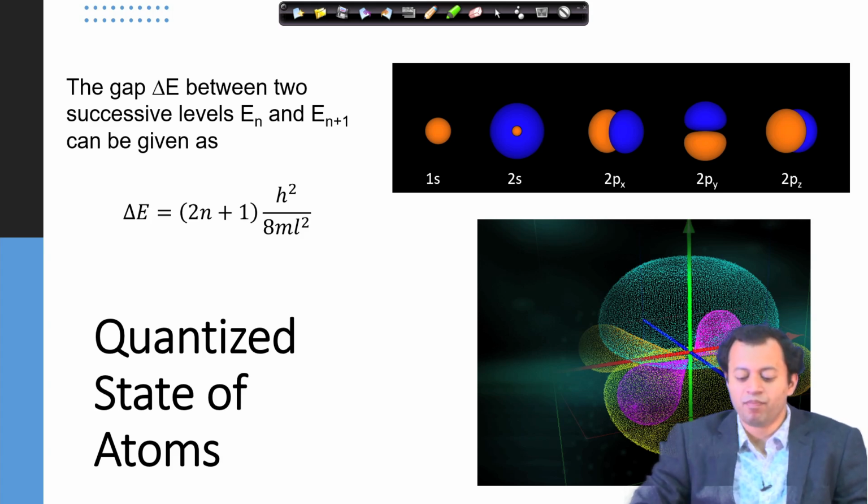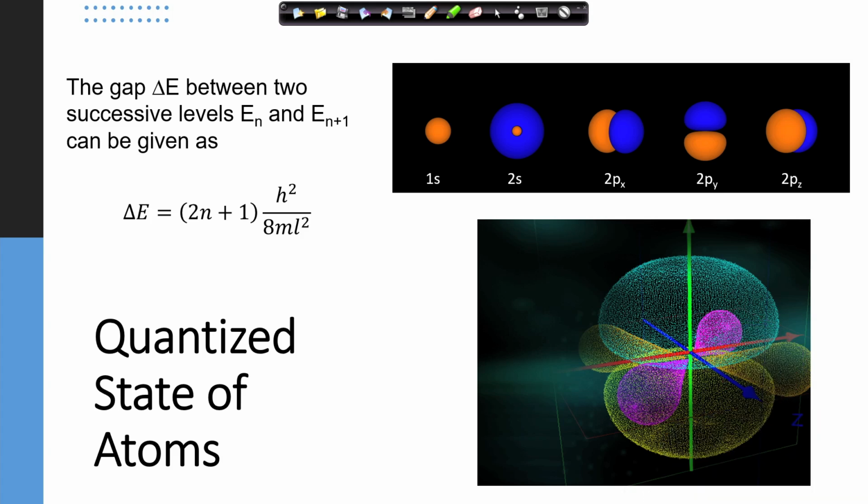This is probably the example, a schematic of some of this probability distribution of electrons around an atom, around a nucleus. At the center there is the nucleus, and this is the probability distribution. This is overall the probability distribution of electrons of different energy levels, different distribution.